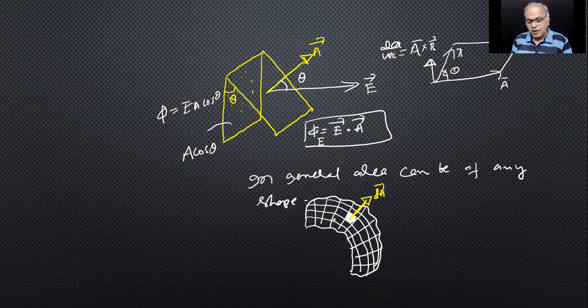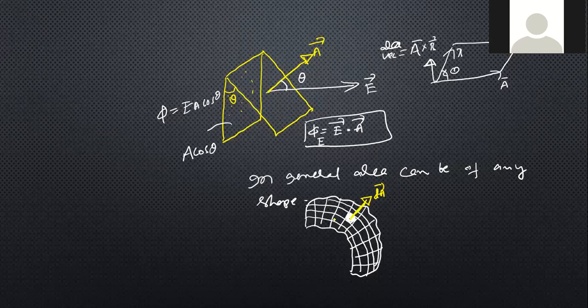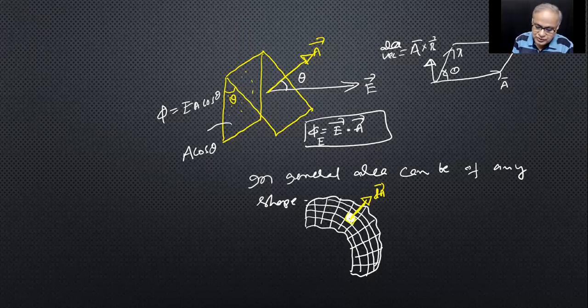So area is not going to be flat. As a whole, it is curved, right? In that curved area also, I can imagine such a small area. You can divide that into many small areas and consider a flat area. This is so small that the curvature is gone. Do you follow my point?